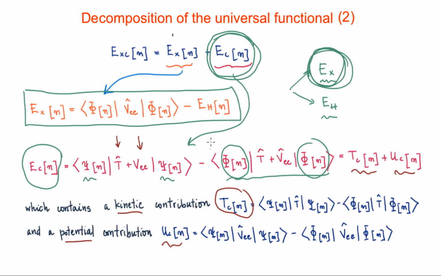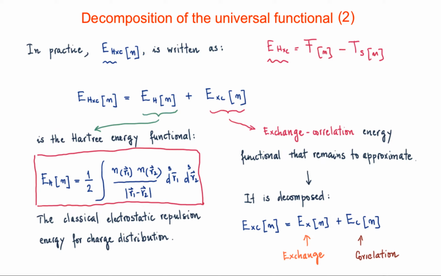So here we have described the decomposition that can usually be applied to this Hartree exchange and correlation energy: the Hartree contribution that we know how it looks, the exchange contribution that we know how to calculate, and then the correlation energy that's going to be a function of the density, but of course no one has an accurate description for that functional.